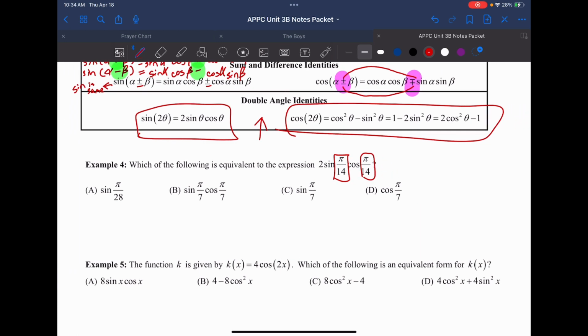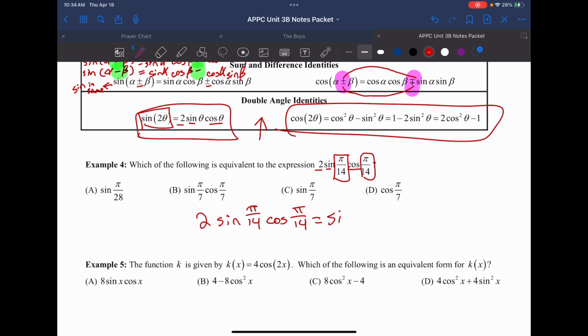So, right off the bat, I've got 2 sine cosine, 2 sine cosine. So I know I'm using the double angle formula for sine. So 2 sine pi over 14 cosine pi over 14 can be rewritten as sine of 2 times whatever theta is.